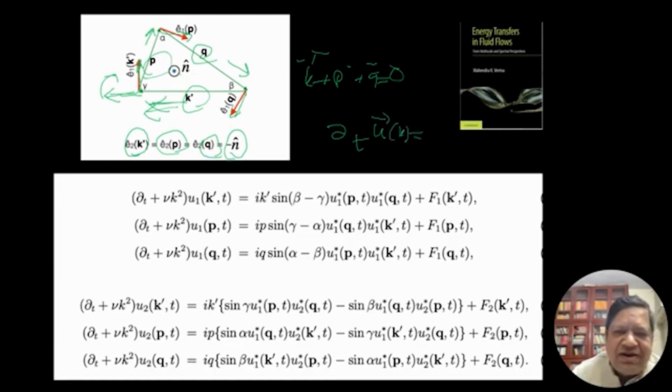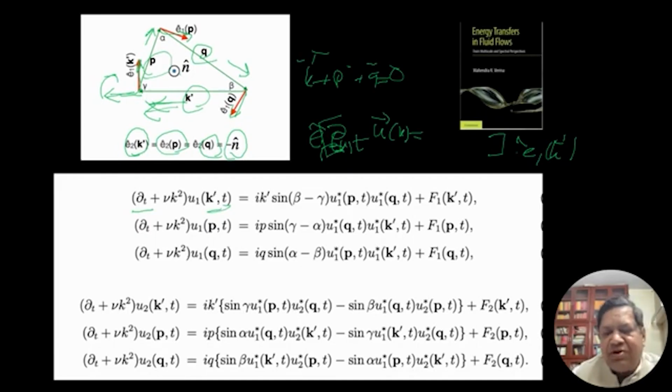The right hand side will have various terms. Take a dot product of this full thing along E1 of k prime. On the left hand side this is dt of U1. On the right hand side, the U dot grad U, we need to do the projection along E1, and it's a bit of algebra.